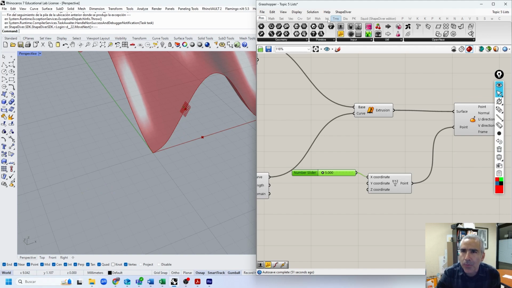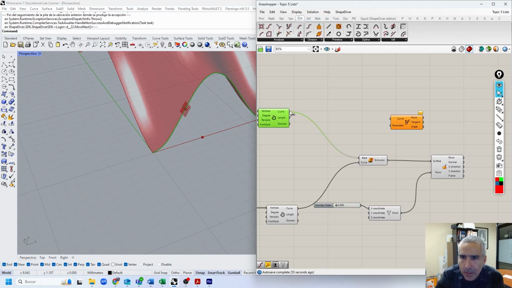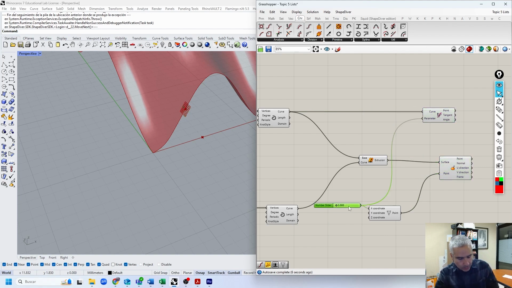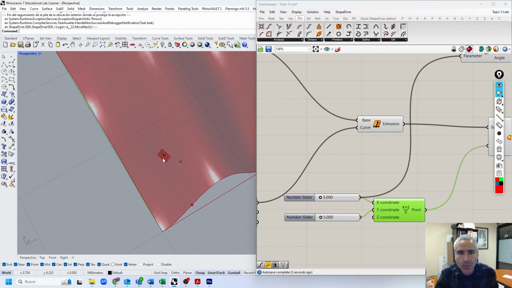Okay? So if we do, for example, evaluate curve on this one, and then we get that same parameter, we get that same exact point. The difference with this one is that we can actually get another slider, and we're gonna get that point over here.